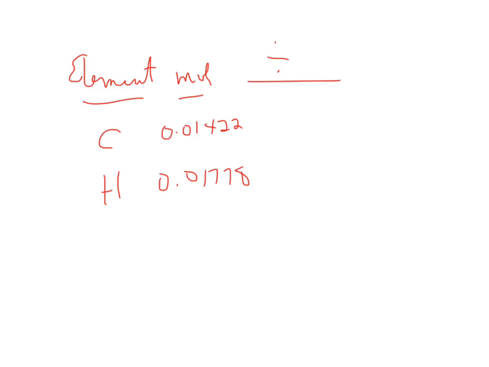So of course, the smallest is 0.01422. If you divide that by itself, of course, you get 1. If you divide 0.01778 by that number, it's 1.25.